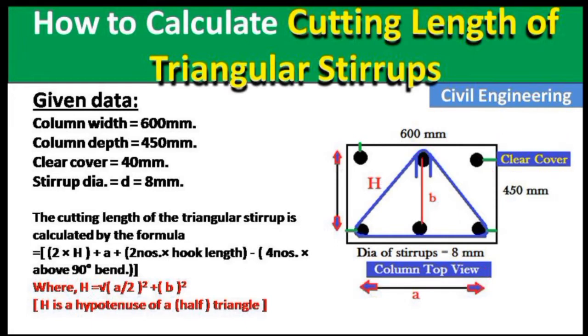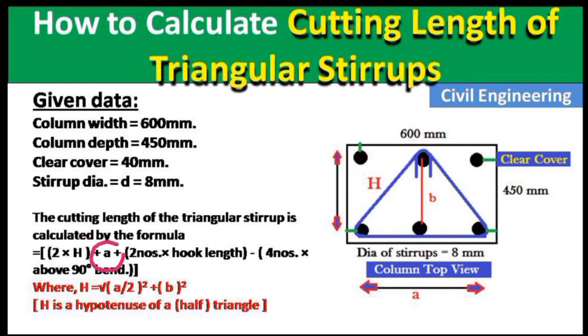Here h is the hypotenuse of this stirrup, because our stirrup is triangular in shape. If we cut this stirrup midway, it will make a triangle. In this triangle, this is 90 degrees, and this is our hypotenuse h.